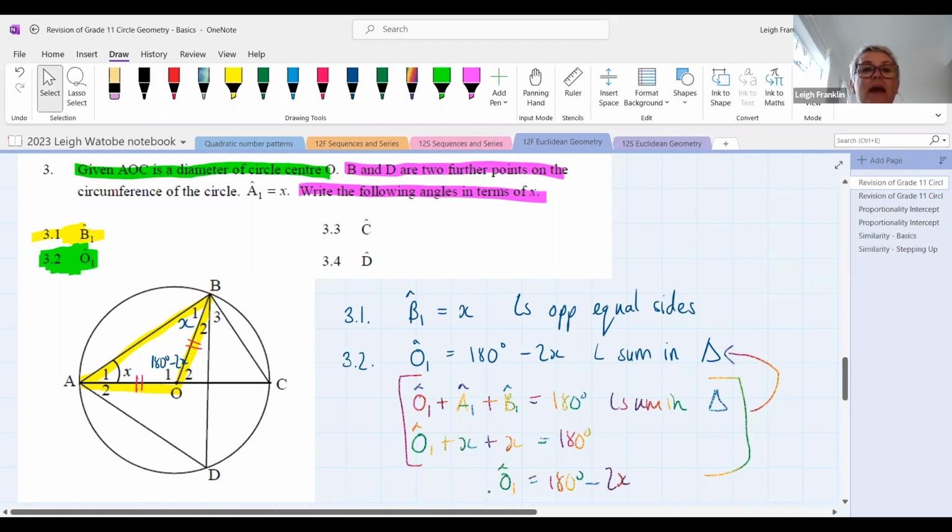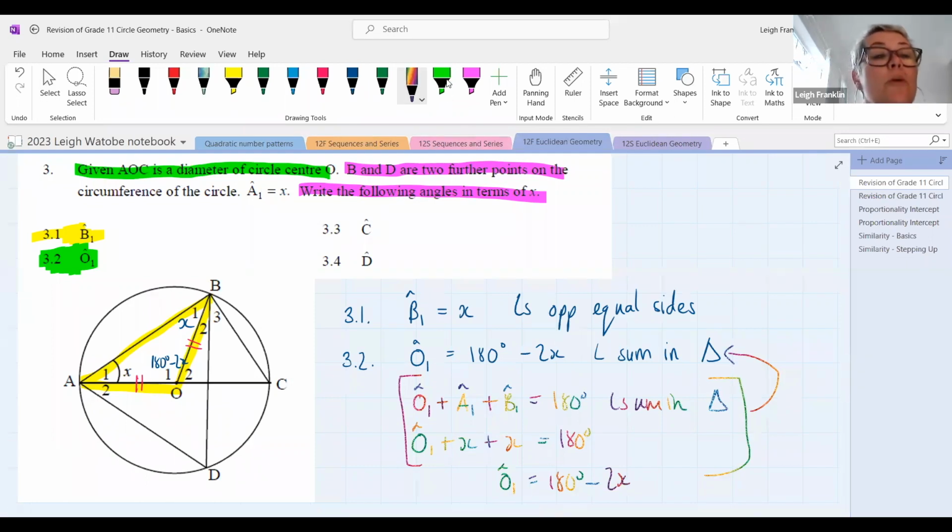Now they want angle C. So again, in geometry, always work from what you know to what you don't know. Now that we've done O1, what is the relationship between O1 and C? Can anybody see that?